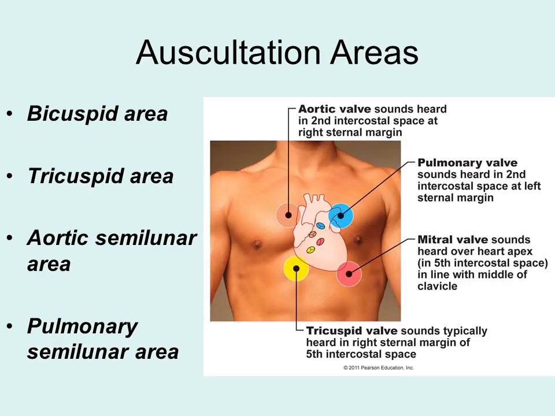You can listen at different locations along the thoracic area of the heart to hear the different valve sounds. You can see depicted here where you could place the stethoscope to hear the aortic valve versus the pulmonary valve, and then versus the tricuspid and the mitral valve.